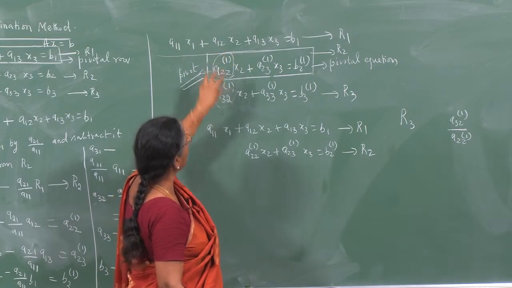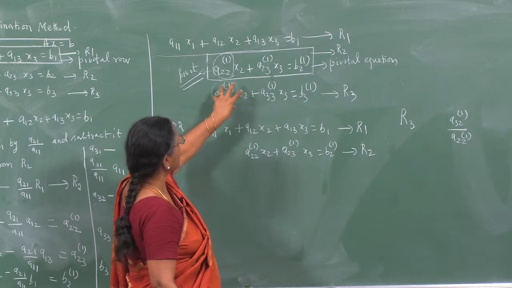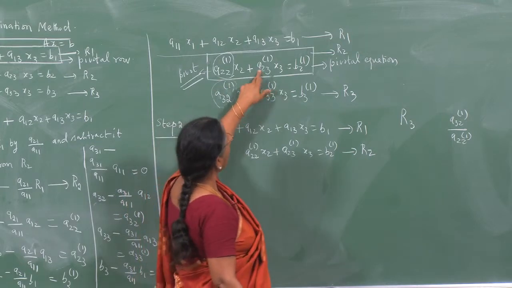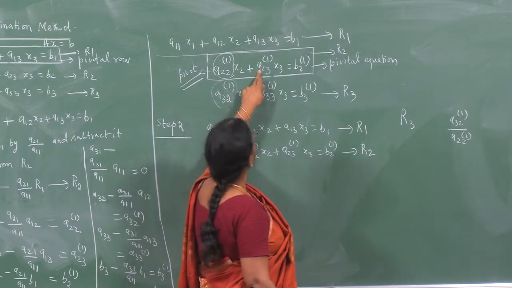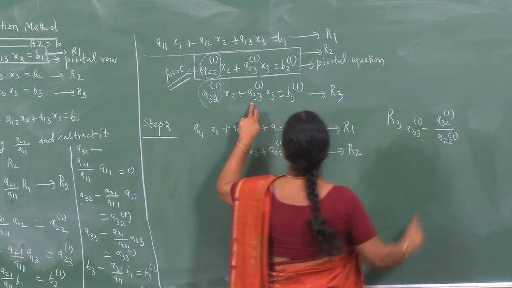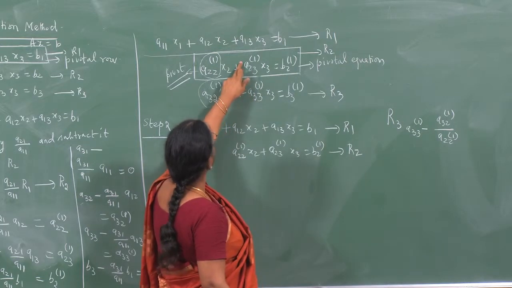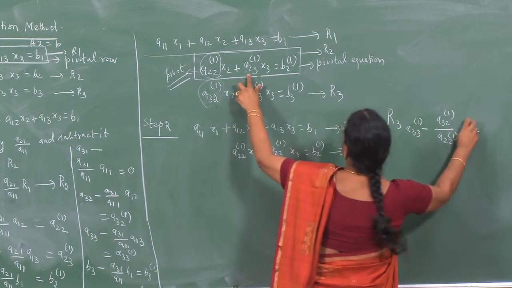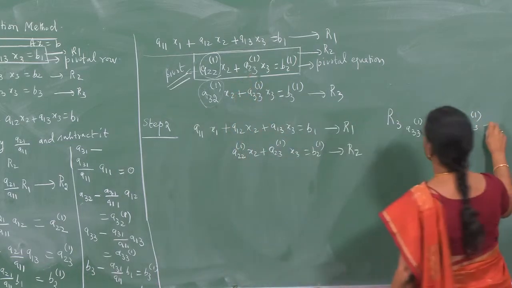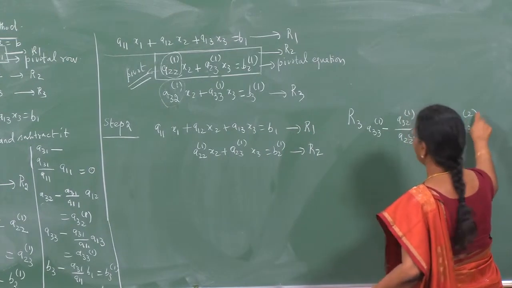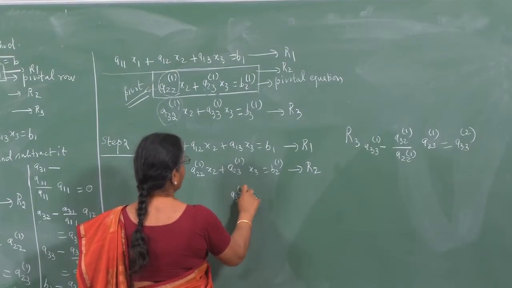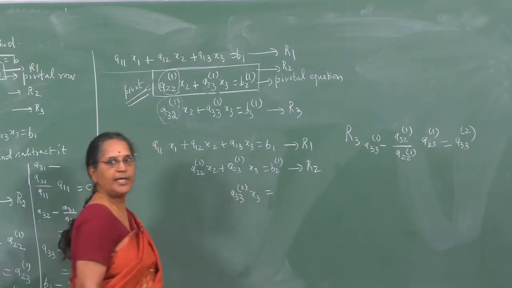When I subtract it from the third equation, which has coefficient A321, it will be 0. And therefore, what happens to the coefficient of x3? That will be A331 minus A321 by A221 into A231, and I call this A332. So, my equation here will be A332 into x3 will be equal to.